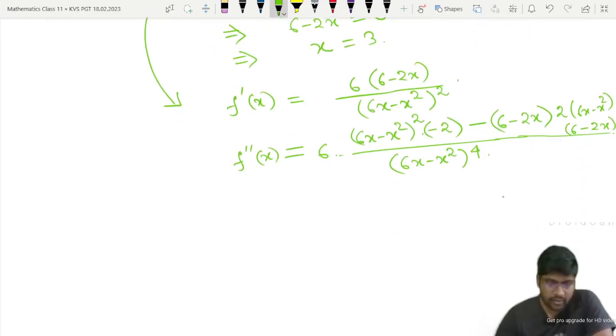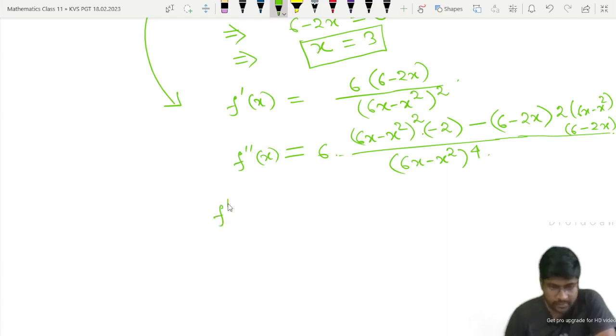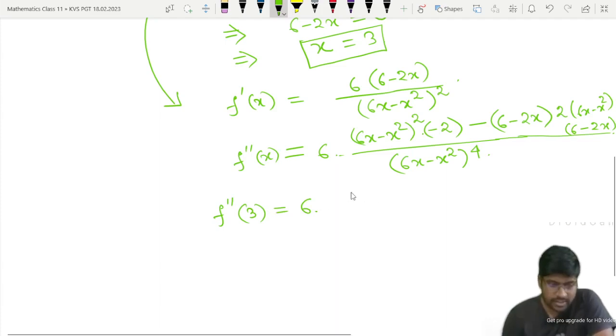Now what will be f double dash 3? Because x is equal to 3 is a critical point, we have to find f double dash at x equal to 3. Whether it is positive or negative is our matter of concern.